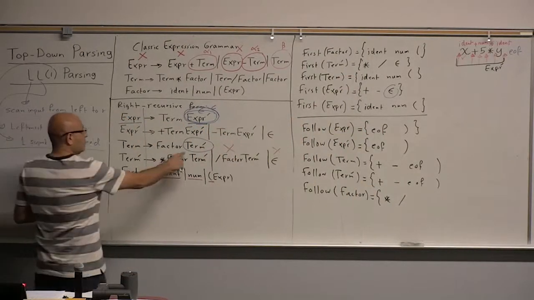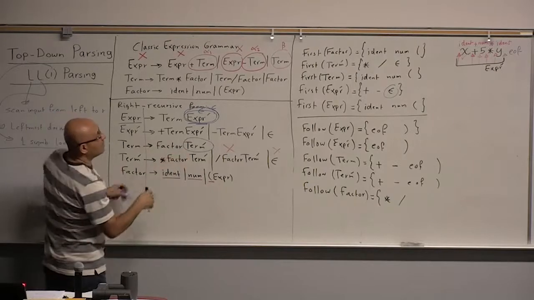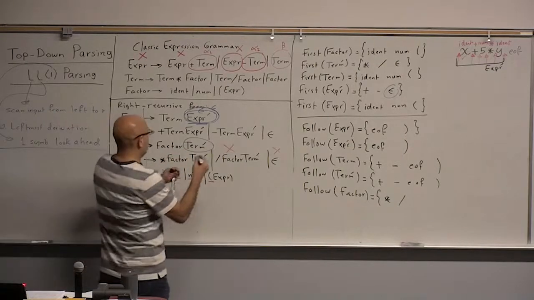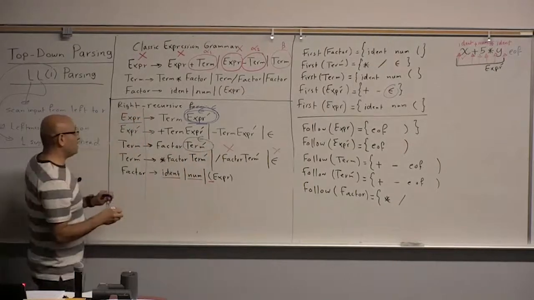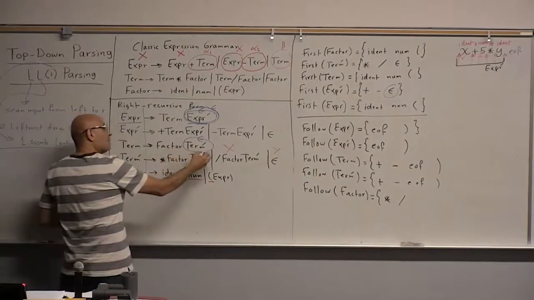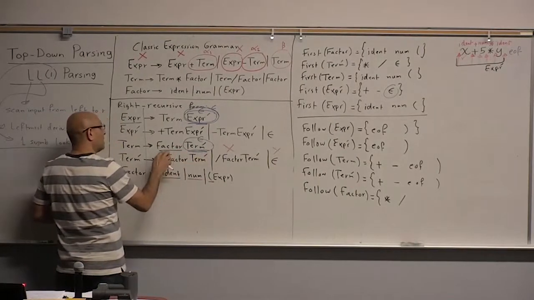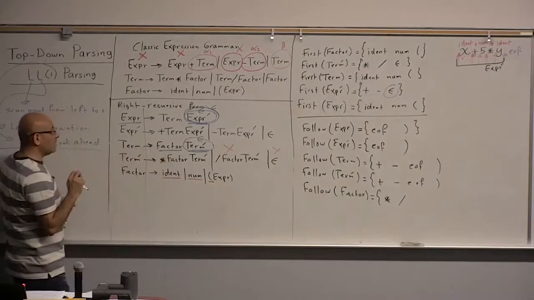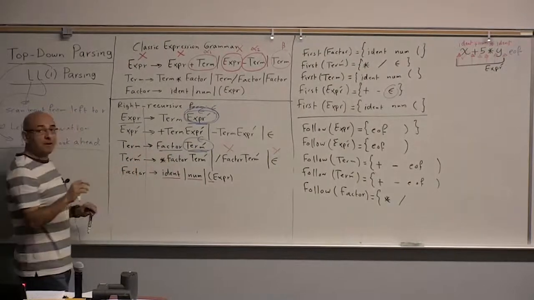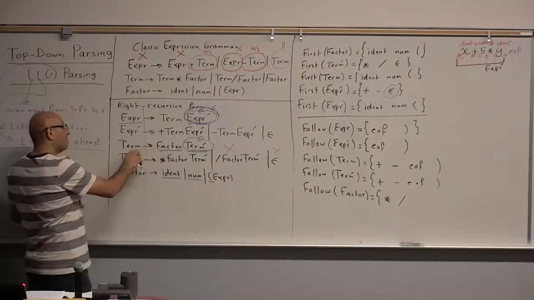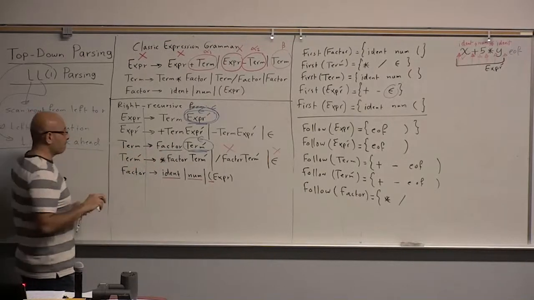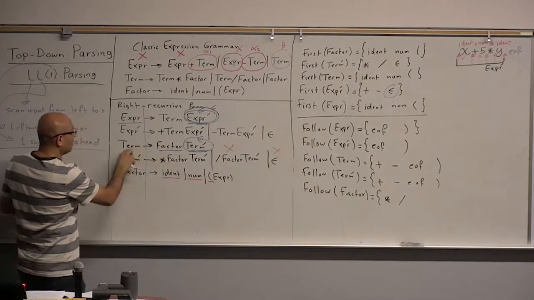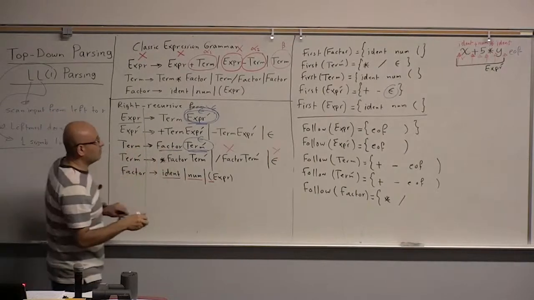But this also tells me that term prime, since term prime can have an epsilon, can disappear. Factor, if term prime can disappear, this means that factor can be the last thing in term. If factor can be the last thing in term, then factor can be followed by whatever term is followed by. So I put everything in the follow set of term into the follow set of factor.